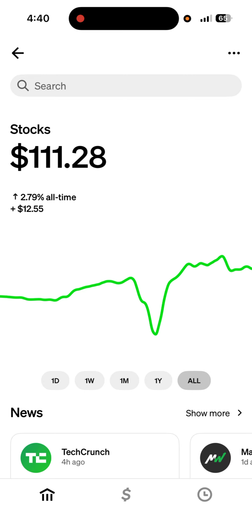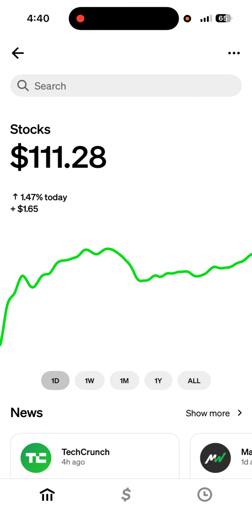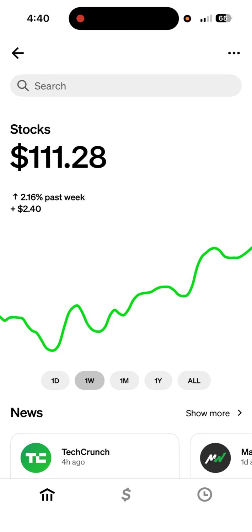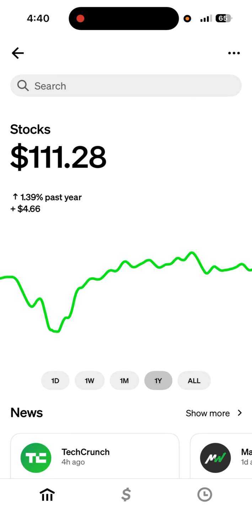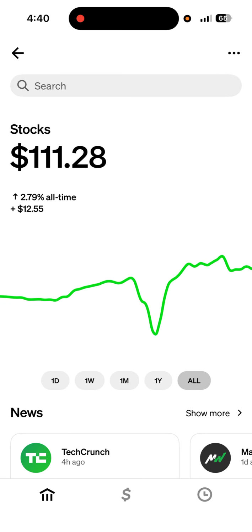And as you can see, as I press each of them, so right now I'm on the 1 day, it shows how much it went up for the day. The 1 week is basically how my account or my investment portfolio performed within that 1 week. 1 month is how it performed in a month. 1 year is how my portfolio performed in the year. And all time is how my portfolio performed all time.